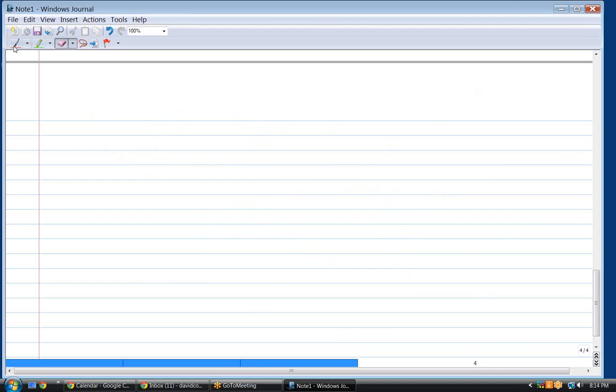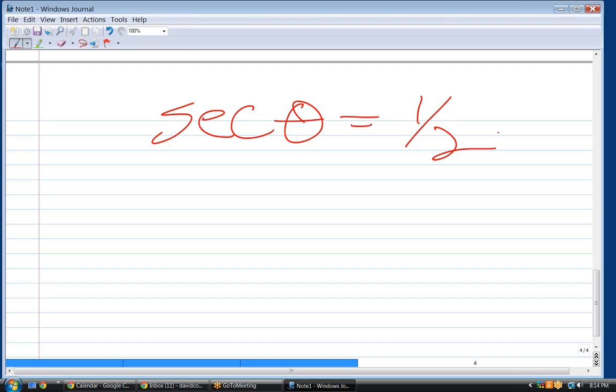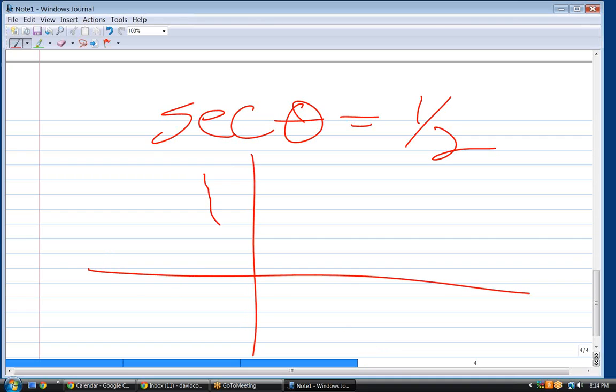Same with secant and cosecant. If you are solving an equation and you get secant of theta equals 1/2, impossible. Secants and cosecants live in the greater than 1 and less than -1 territory. Okay. In other words, here's what secant looks like.